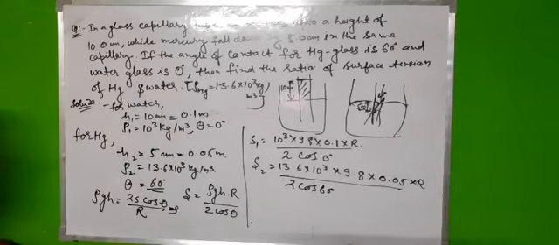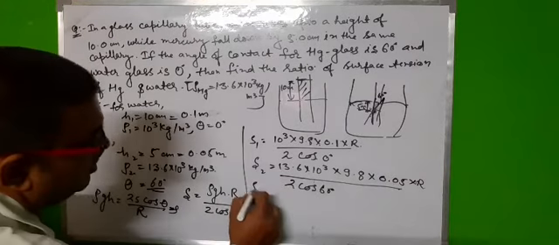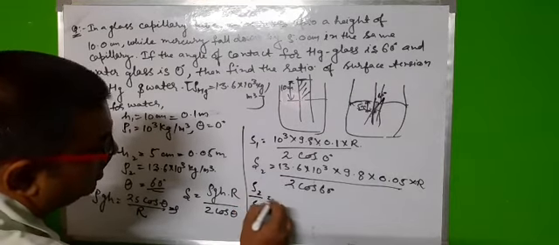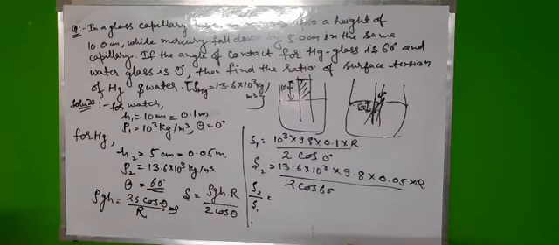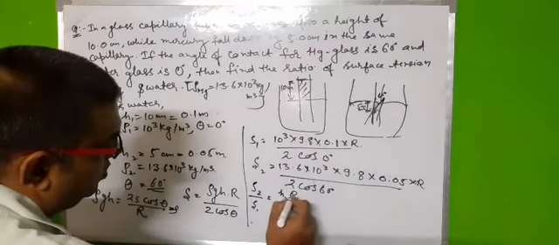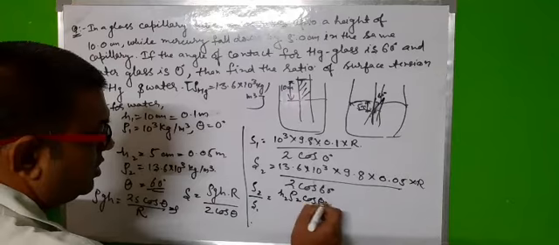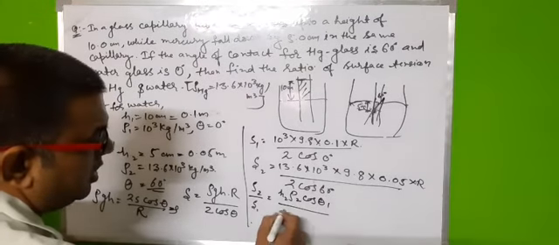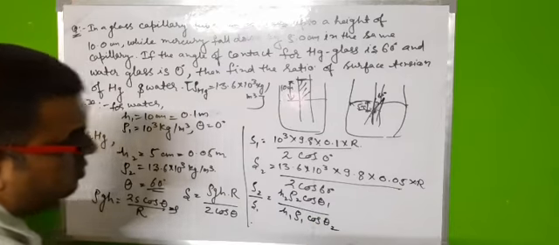Now we have to find the ratio, that is S2 upon S1, the surface tension of Hg and water. As we are going to calculate S2 upon S1, the value will be S2 upon S1 equals H2 rho 2 cos theta 1 upon H1 rho 1 cos theta 2.